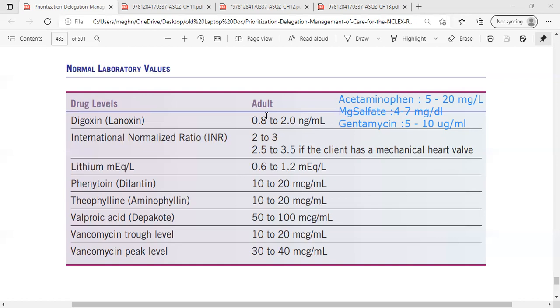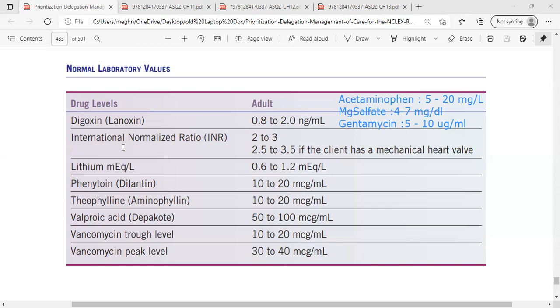As I told you, if my patient took digoxin or Lanoxin, we should monitor the electrolytes because hypokalemia means potassium level goes down, or hypomagnesemia, magnesium level goes down, and calcium level goes up, hypercalcemia. These predispose to digoxin toxicity.